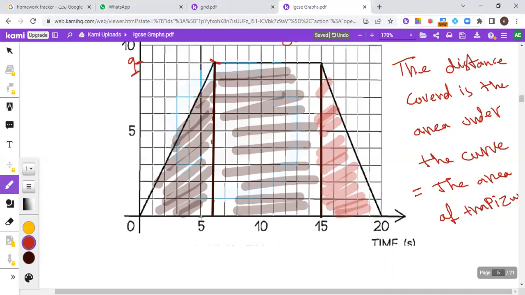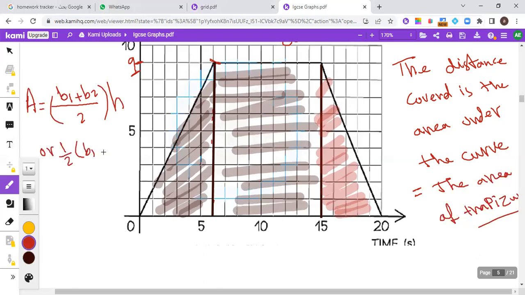The area of a trapezium is B1 plus B2 over 2 times height. Or you can write it like this, half times B1 plus B2 times H, equals half.